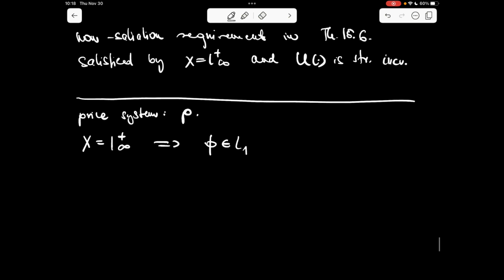So this is what we are going to check. First, we will show a seemingly appropriate price system that later, as a next step, we will check if it defines a continuous linear functional in L1.